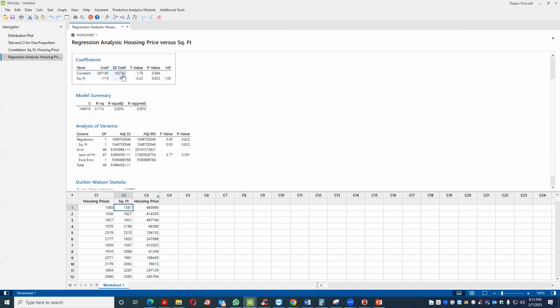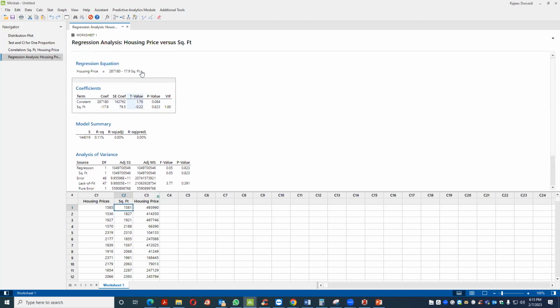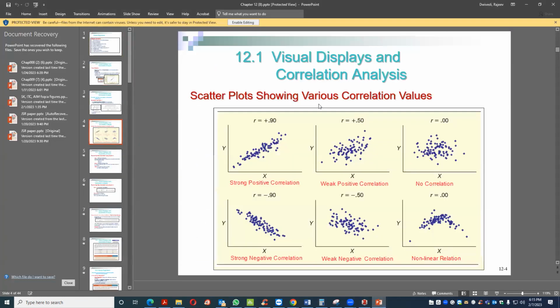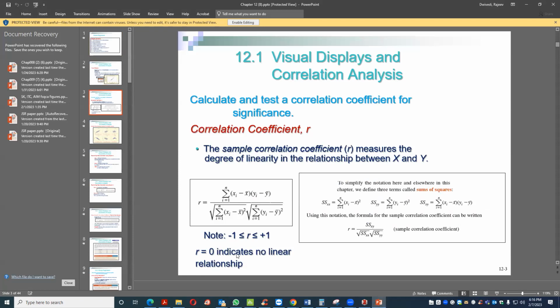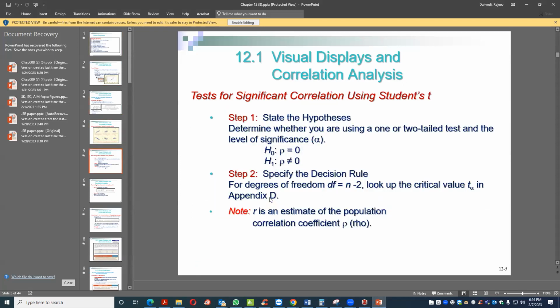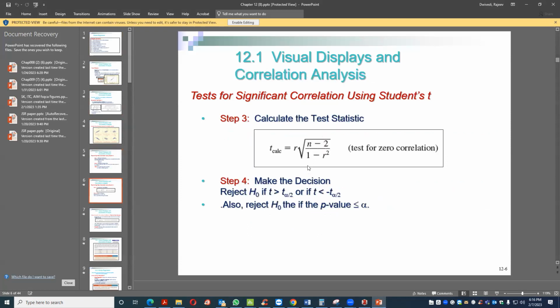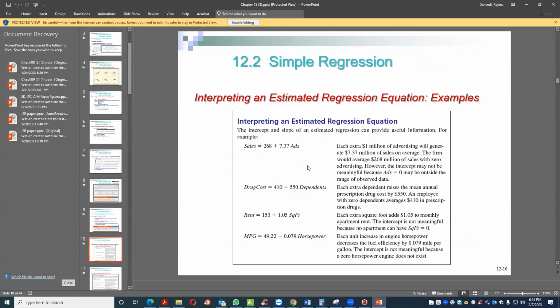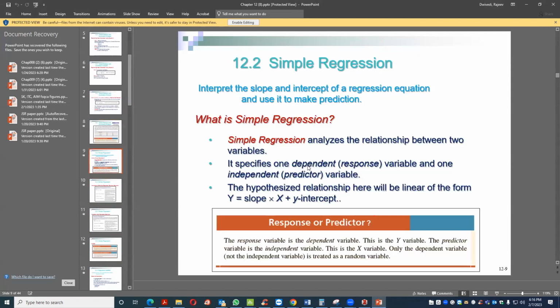Here, for the constant and coefficients, the null hypothesis is that all coefficients are 0, and the alternative is not 0. I can show you the earlier one, for correlation: rho equal to 0, not equal to 0. Now we see the regression one.